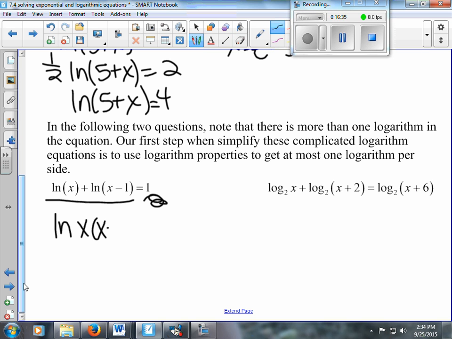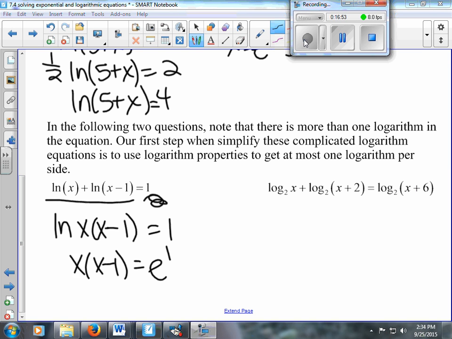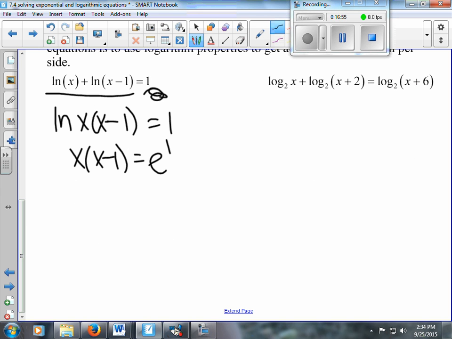So a sum of logarithms is the logarithm of the product. And then I'm going to switch this to exponential form. And then I'm going to solve for x this way. So then, in order to solve this, I now have a quadratic in x.